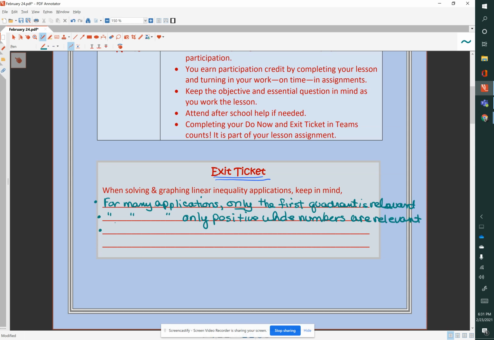And we also want to keep in mind, define your x and y, and watch the language carefully so that you know whether to use greater than or equal to, or just greater than without the equal to, the same thing with less than.